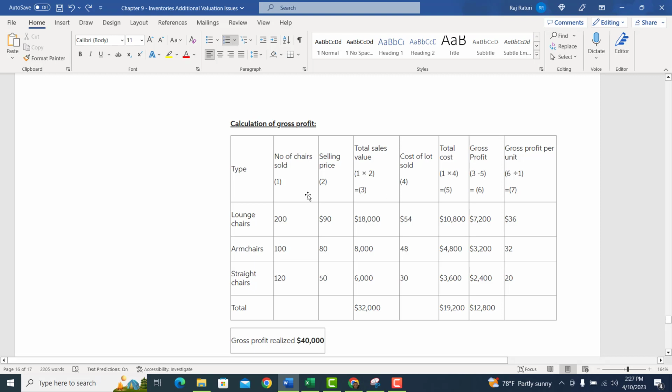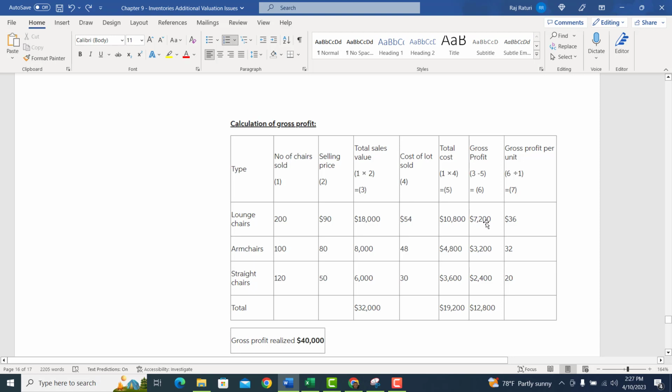No, I'm sorry. If we take our number of chairs times the selling price, we get a total sales value. That's not what we solve for. We solve for the cost of the lots sold. So then we take our cost of lots sold and multiply by the number sold, and now we get our total cost of goods sold.